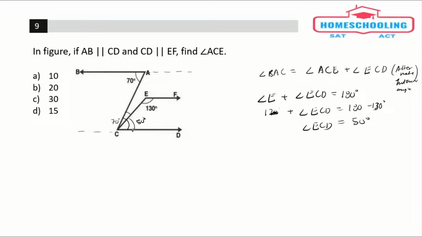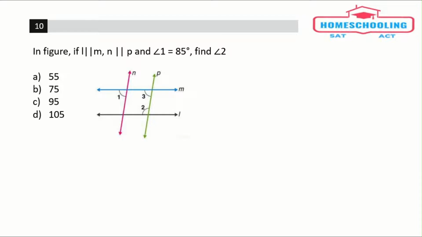As we know, the sum of these two angles, this angle and this angle, is 70. So if this one is 50, then this would be 20 degrees. In the question we have to find angle ACE, so angle ACE would be 20 degrees. So this is going to be your answer. Now moving to the next question.